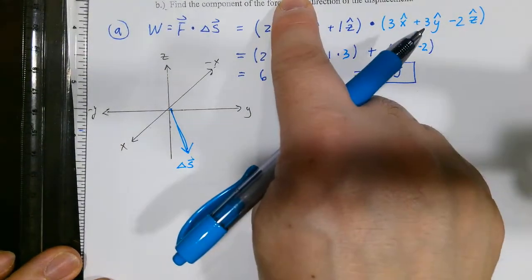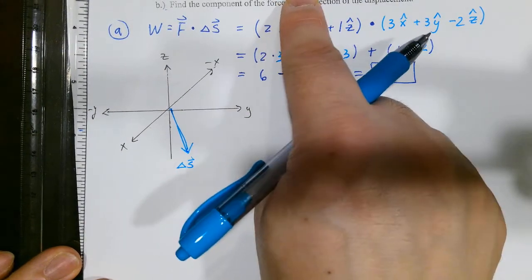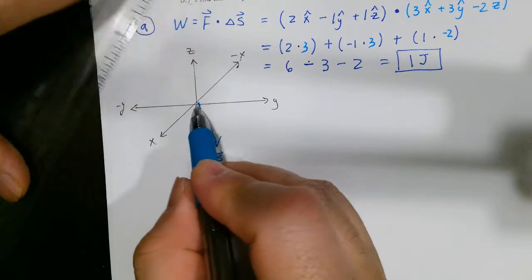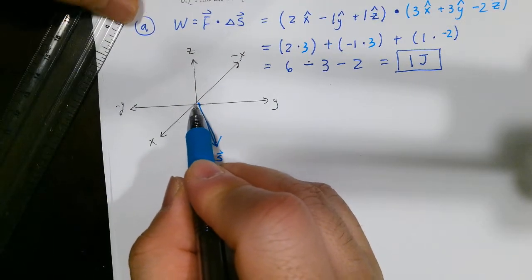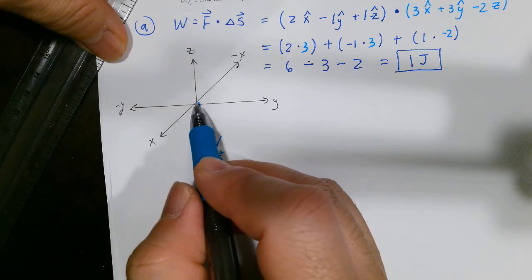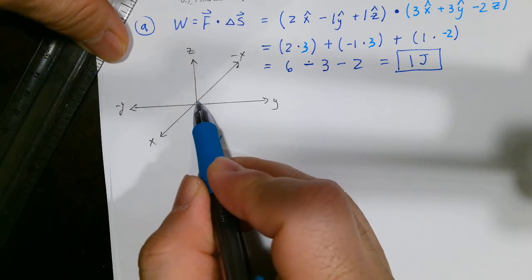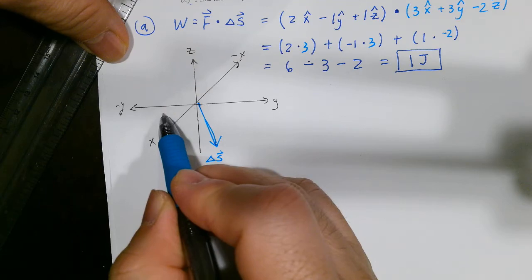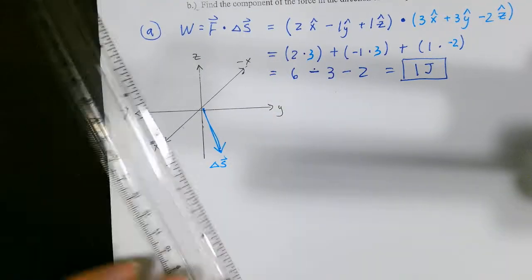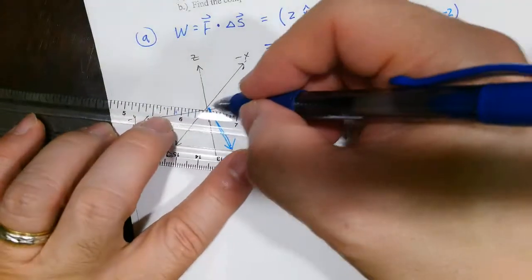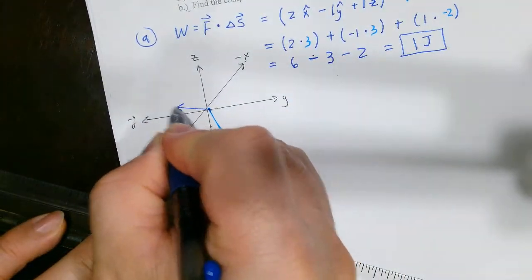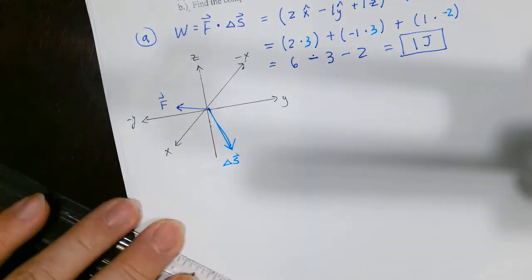Now my force is in the second quadrant above the XY plane. Not second quadrant, it's actually in the fourth quadrant, like positive 2, negative 1, and positive 1. So my force vector is way out there in space. It's kind of hard to visualize, right? That's my force.